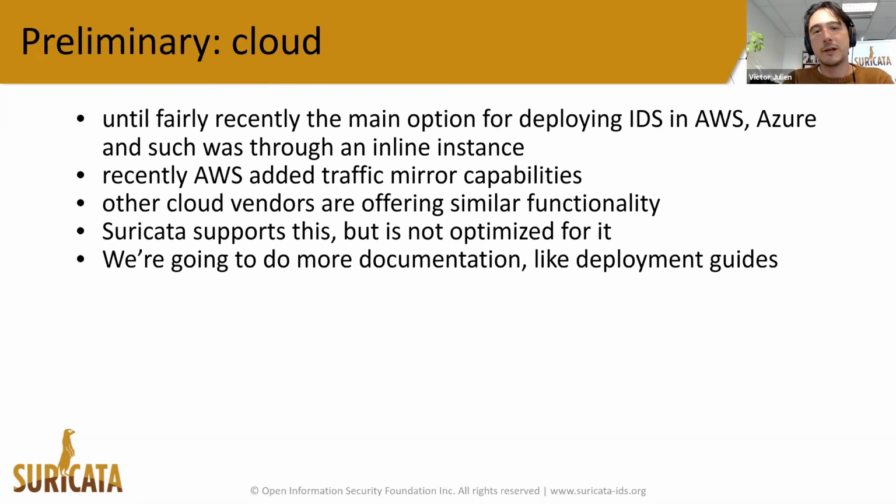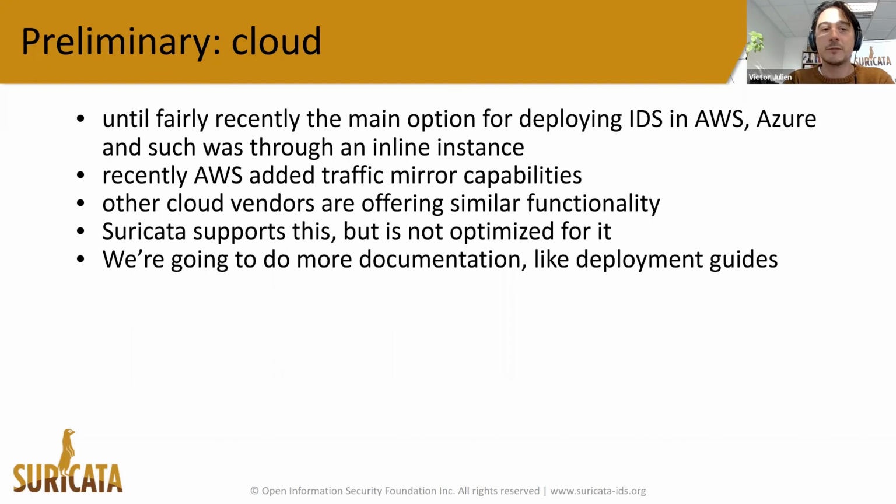So we now have traffic mirroring options in at least AWS and Azure, I think, as well, but probably in others as well. And we want to focus more on not just supporting that at all, but also to do it in a more optimal way and document it better and things like this.